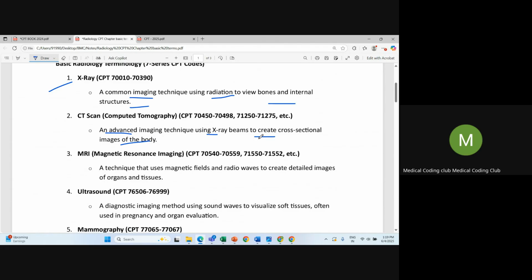Okay, so it's like a supercharged X-ray we say. Instead of just one image, CT can take multiple cross-sectional images.